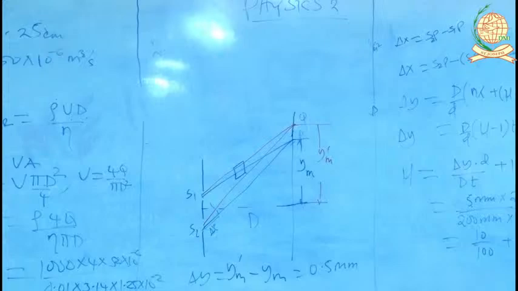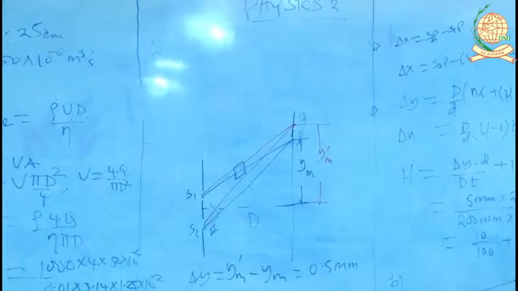B, Roman 1. An air wedge film is formed by placing aluminum foil between two glass slides at a distance of 75 millimeters from the line of contact of the slide. So you have two slides, 1 and 2.